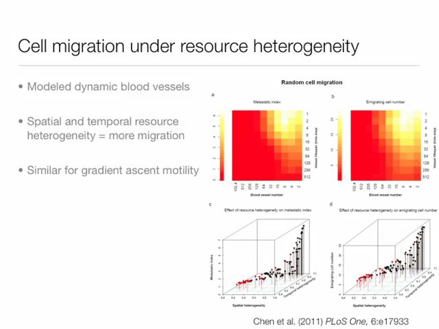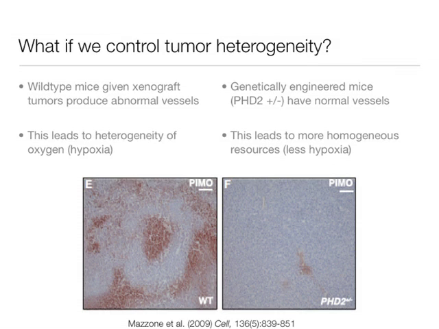Well, it turns out that if you take wild type mice and give them xenograft tumors, they can produce these sort of abnormal vessels, which lead to heterogeneity in the availability of oxygen in these hypoxic regions. But there's a genetically engineered mouse that can have normal vessels, even when they're given a xenograft, and that leads to more homogeneous resources and less hypoxia.